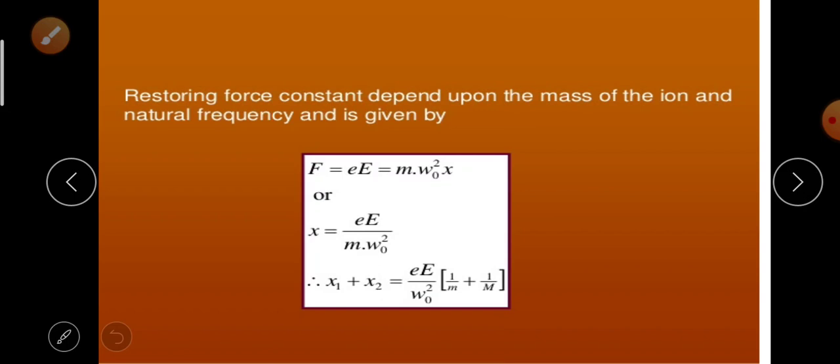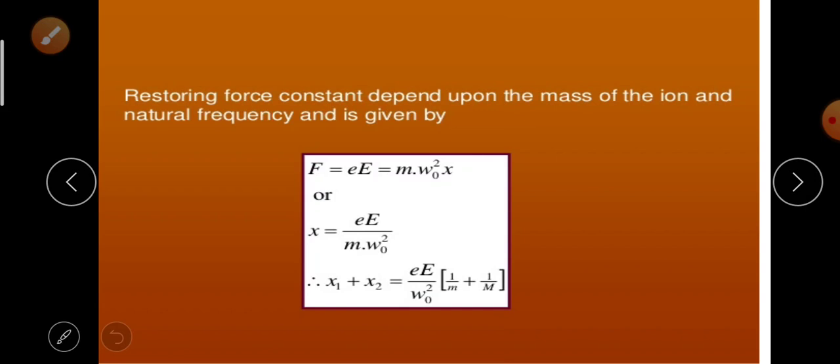Restoring force constant depends upon the mass of the ion and the natural frequency, and is given by F is equal to eE is equal to m ω₀² x, or x is equal to eE by mω₀².